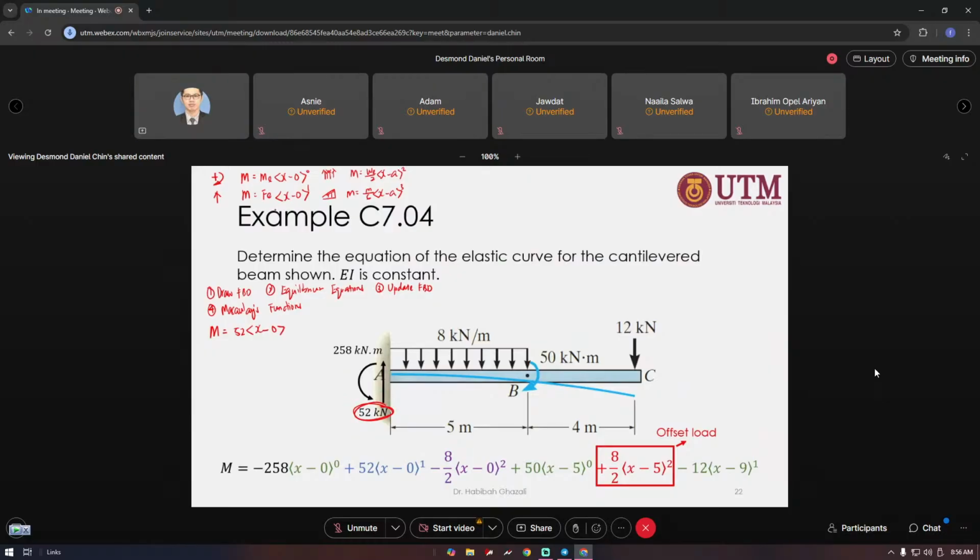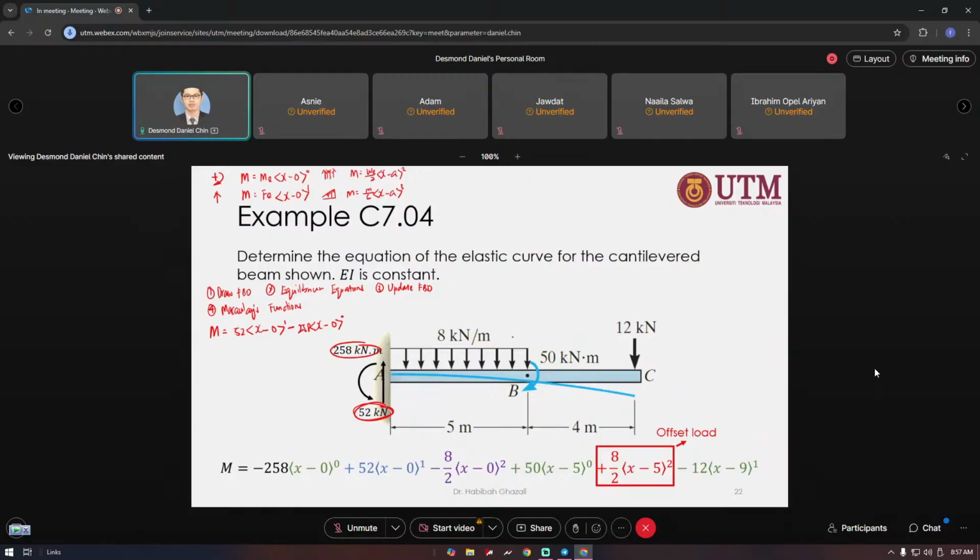Be specific. Okay. Next, I have this 258 kilonewton meter moment, which is anti-clockwise. So therefore, I should put negative 258 bracket x minus 0, power 0. Why? Because the loading is at x equals 0. Yes, correct. So you must understand that.